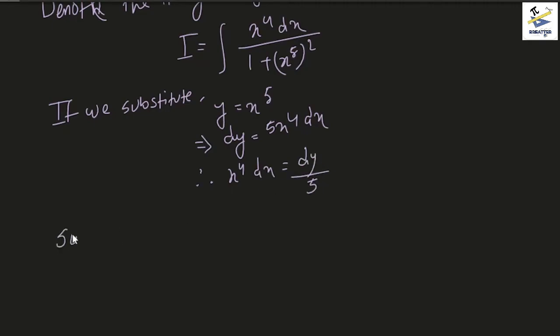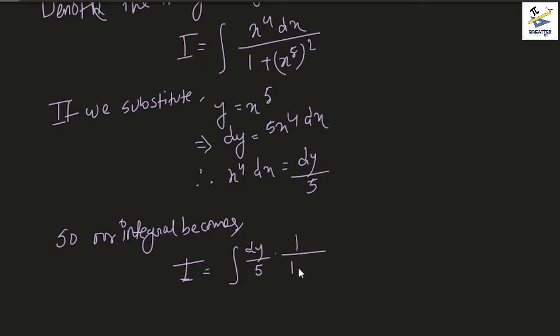So our integral becomes I equals the integral of dy by 5, and the denominator just becomes 1 plus y square. So taking the constant outside, we get 1 by 5 times the integral of dy by 1 plus y square.